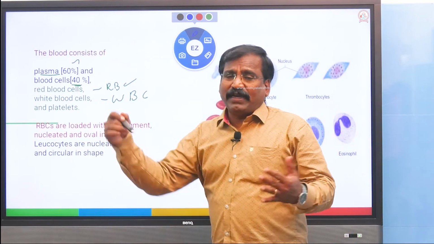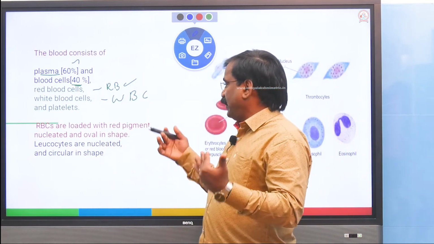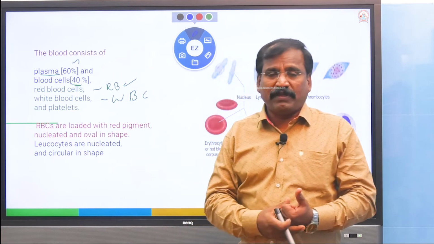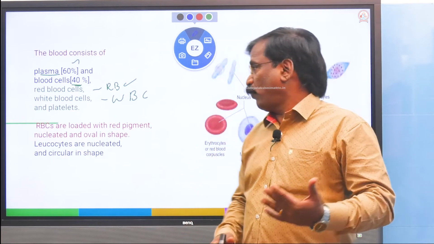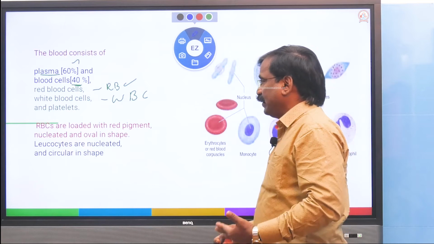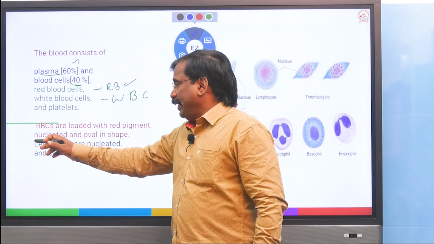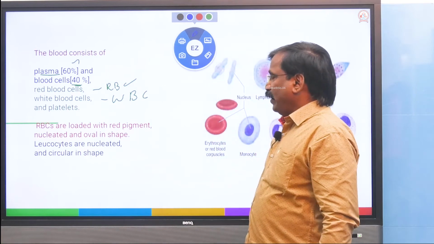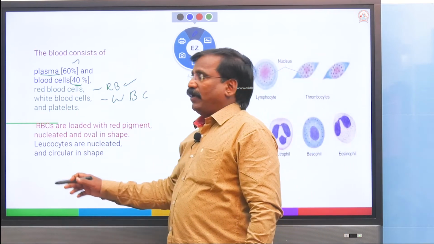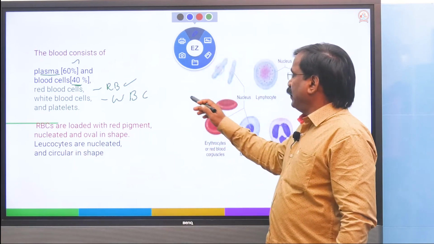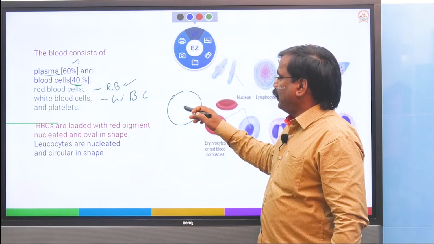RBC is red in color because of the presence of the pigment hemoglobin. And it is nucleated and oval in shape. See, this is RBC.